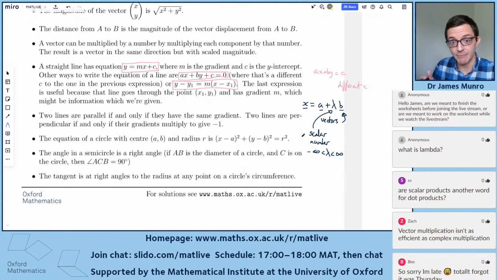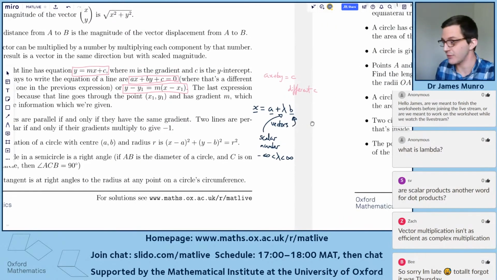If you look at the worksheet in advance, then you can have time to try everything. If you just join in during the live stream, then I'm skipping lots of stuff. So I guess the ideal strategy is probably something like look at the worksheet before, read it, maybe try bits of it, and then during the live stream chat about what we're doing and maybe get some hints for how to do stuff.